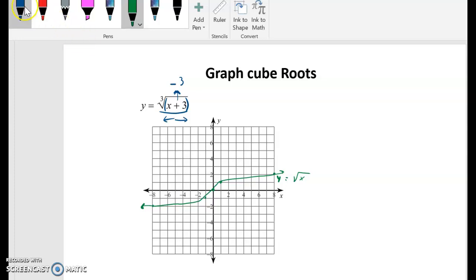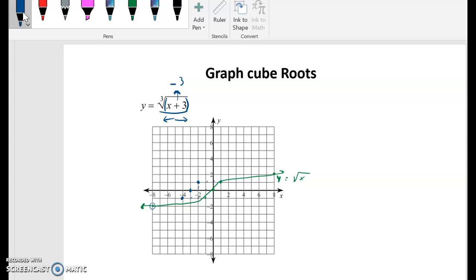So let's change to blue. Sorry about the bell. (0, 0) gets moved 1, 2, 3 units to the left. (-1, -1) gets moved 1, 2, 3 units to the left. If I move (-8, -2), it's going to be off my grid. So let's go back to (1, 1), move it 1, 2, 3 units.